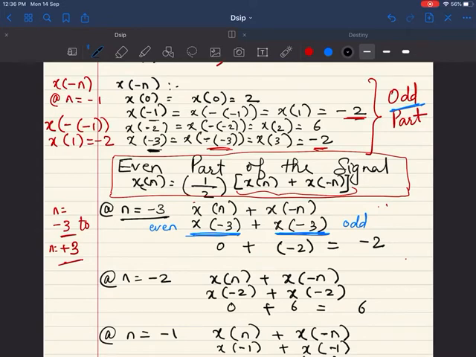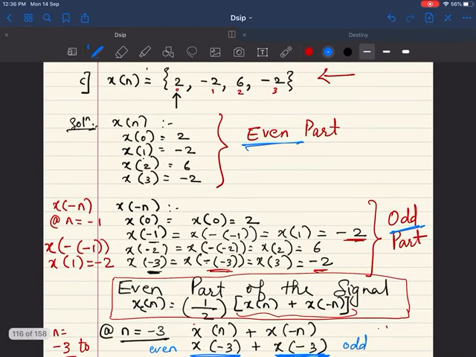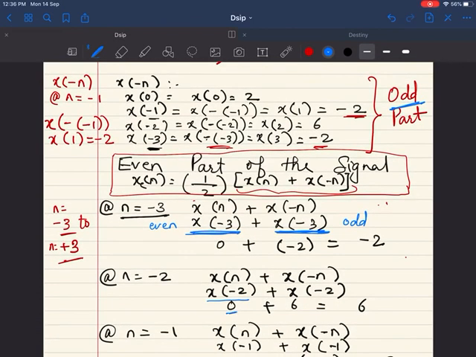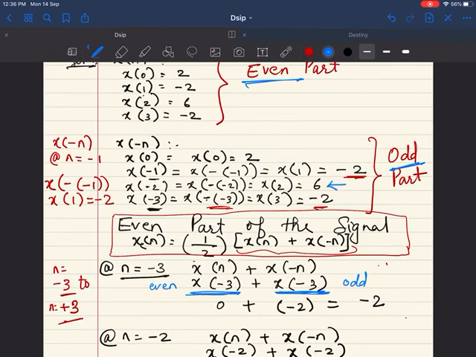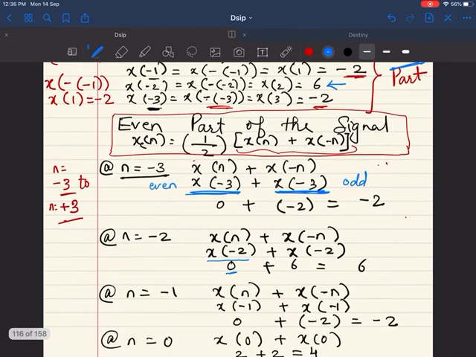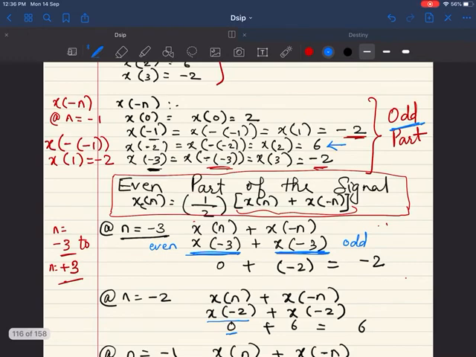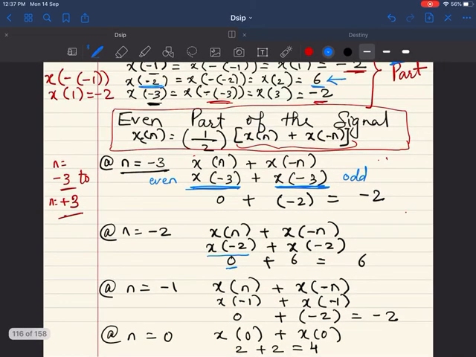Okay. Similarly, for n is equal to minus 2, for this particular term I only check the even part. Do I have x of minus 2 in my even part? I don't. So I write 0. Do I have x of minus 2 in my odd part? I do, which is 6. This over here, right here, it's 6. So that's why I'm taking 6 over here.